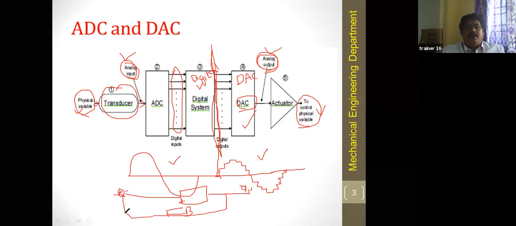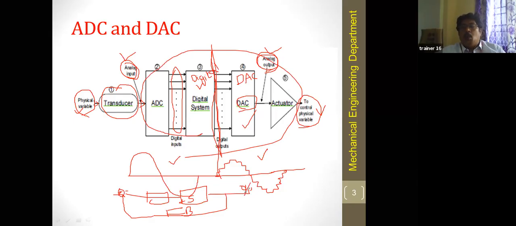This is the input, and this is the system. Here we have to place this total apparatus. Then we can get the correct output. That means we can control the physical variable in the closed loop plant correctly.